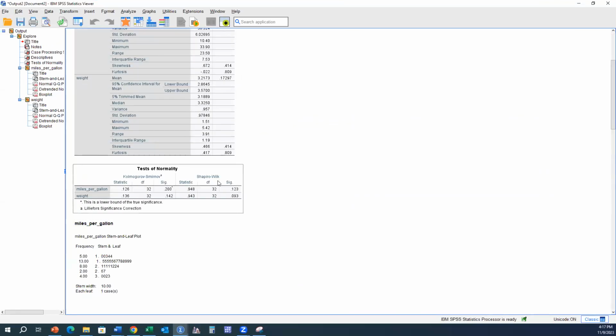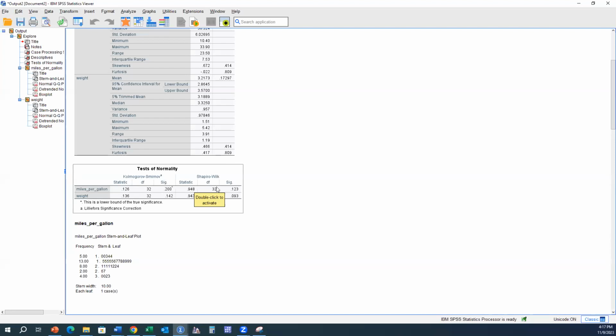But what we're going to look at primarily is this box here, tests of normality. And for these tests, you can see there are two columns or two different tests, the Kolmogorov-Smirnov test and the Shapiro-Wilk. Non-significance is an ideal finding for these tests, meaning we are hoping for a p-value greater than 0.05.